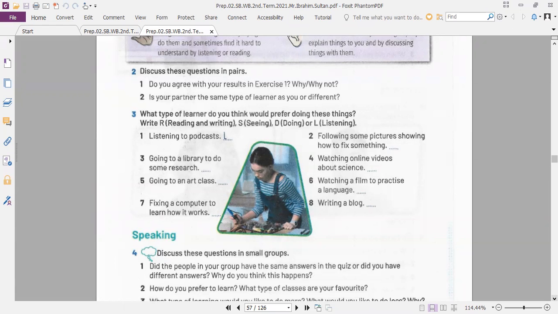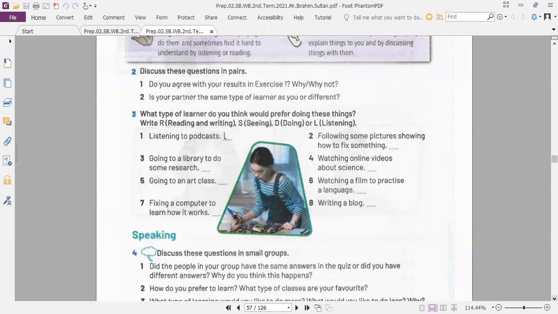Number 4, watching online videos about science. This is seeing. Number 5, going to an art class. This is doing. Watching a film to practice a language. Seeing or listening?